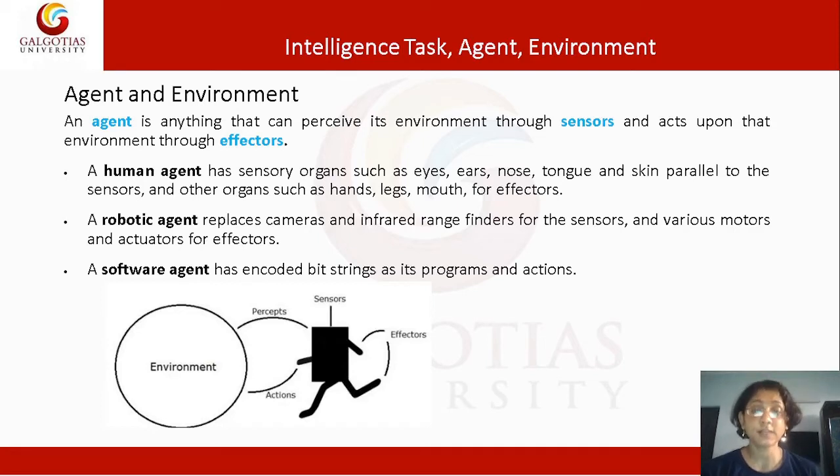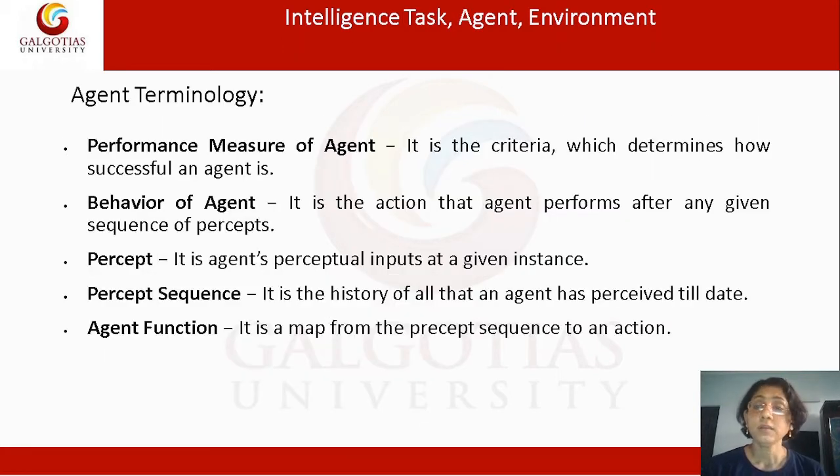A software agent has encoded bit strings as its programs and actions. Now, some other agent terminology: the performance measure of an agent is nothing but the criteria which determines how successful an agent is in its task when performing.